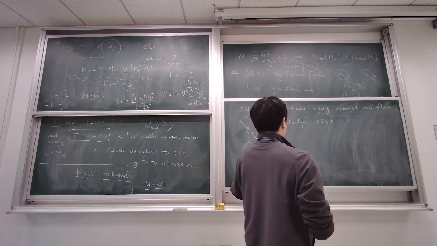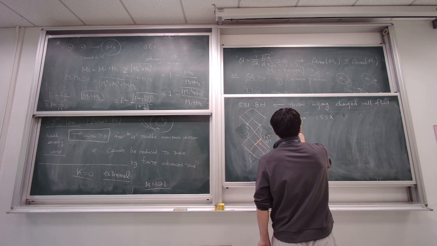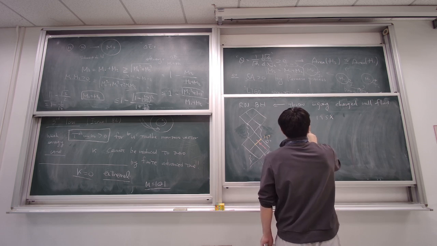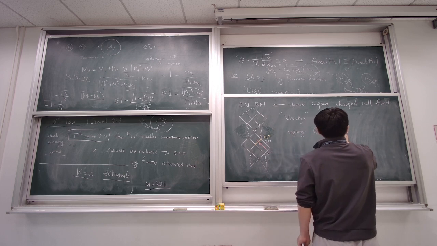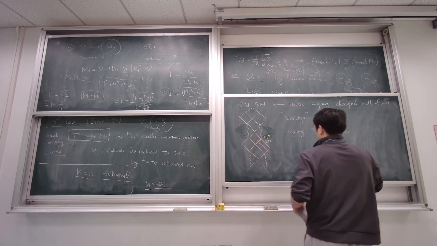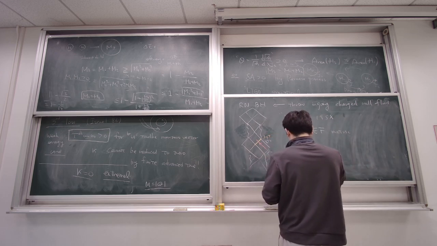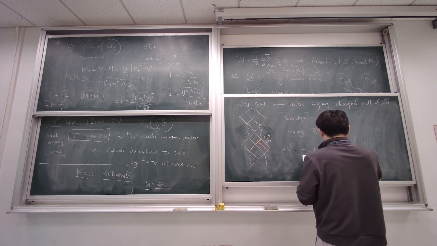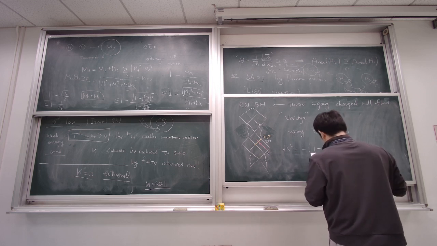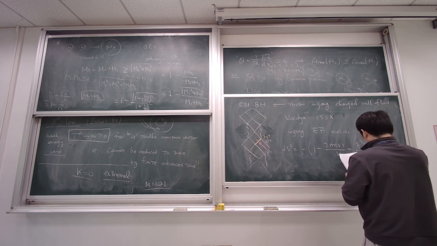So he considered the following thing. He considers the ingoing Eddington-Finkelstein metric, and he perturbs as follows. So the mass of the black hole depends on the v.